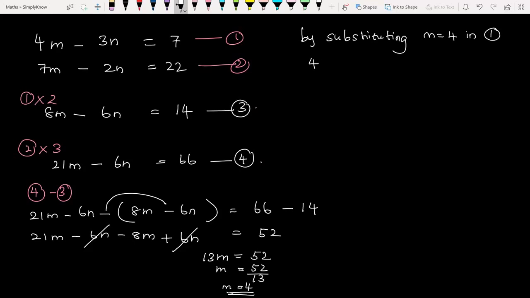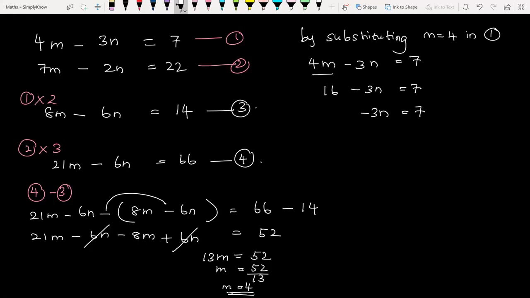The first equation is 4m minus 3n equals 7. So 4m, m is 4. That means here it's 16, 4 times 4. Minus 3n equals 7.